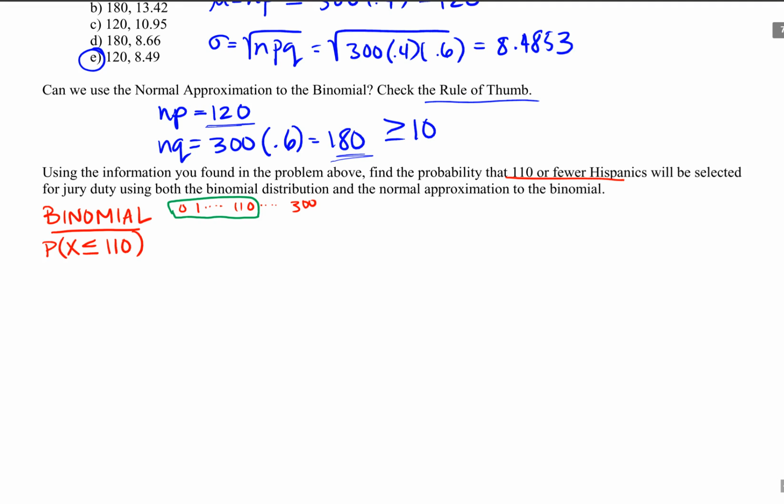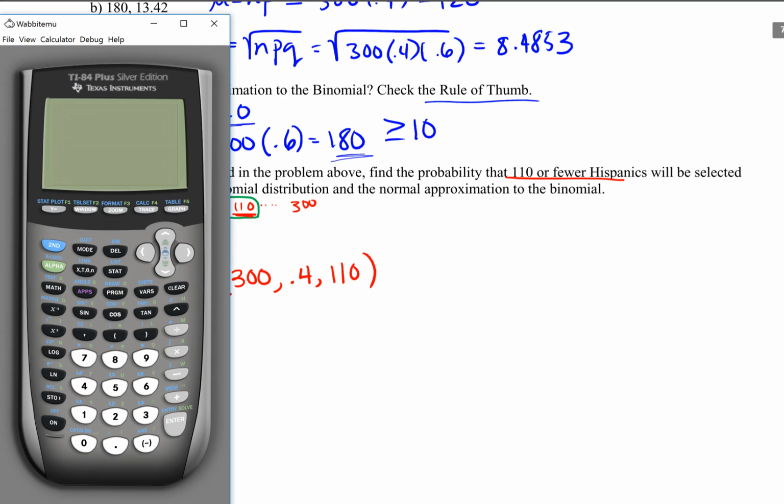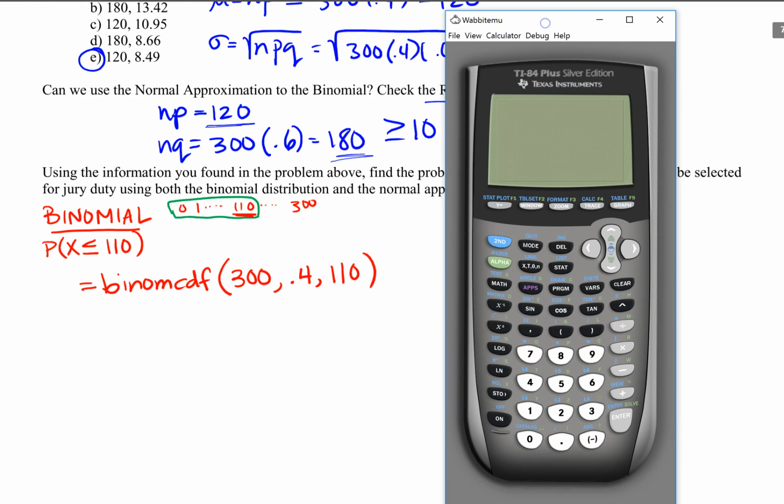If we want to do this, this is actually the perfect setup for our binomcdf. We started at 0 and we went up and included 110. So our n is still 300, our p is still 0.4, and the number we want to go up to is 110. So I'll bring up my little calculator and try this out.